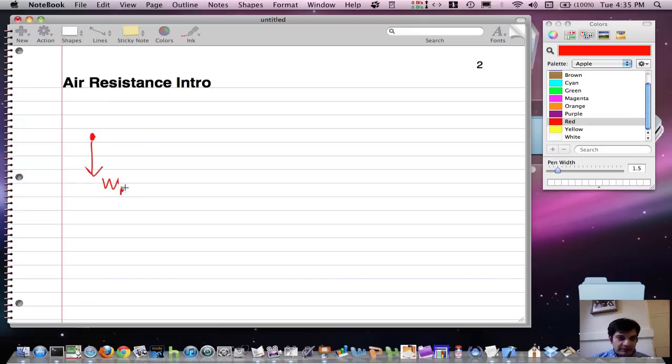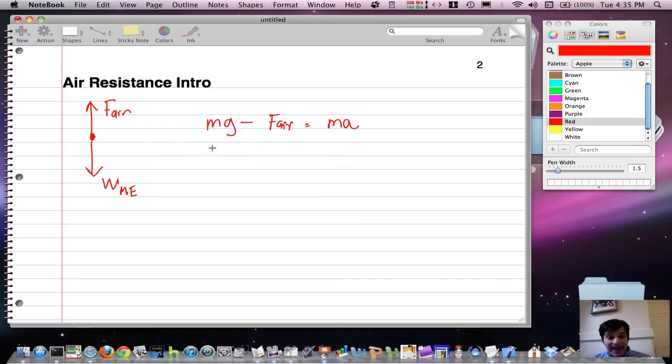I'm going to have the weight on the object due to the earth, and the force of air resistance due to the air. And here's what ends up happening. We have the weight minus the air resistance equals the mass times the acceleration of the object. This is how we set up the equation from the free body diagram.